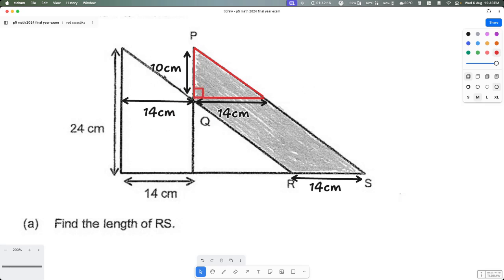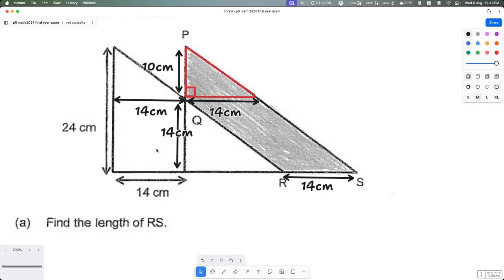Okay, so from here, PQ, this is 24 centimeters. So what do you think this one will be from the Q section all the way to the base? So this will be 24 minus 10. This will also be 14 centimeters.